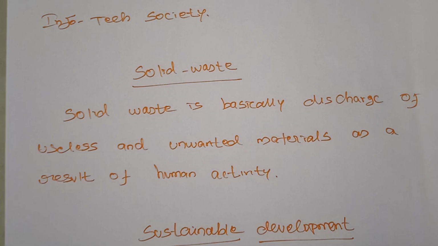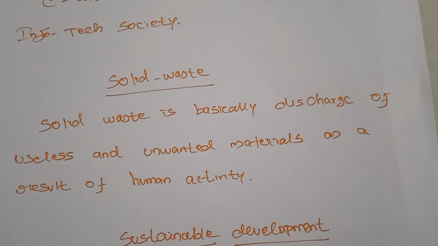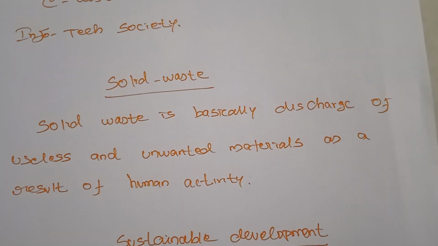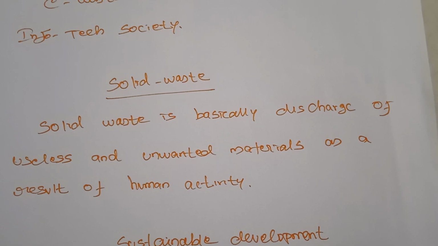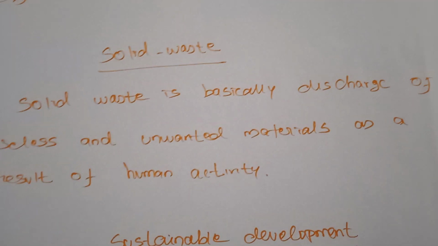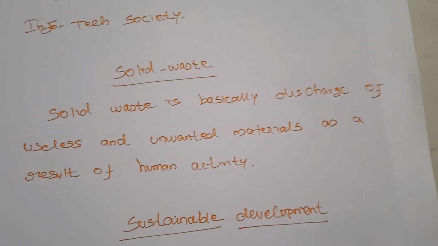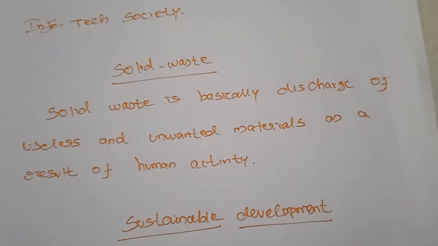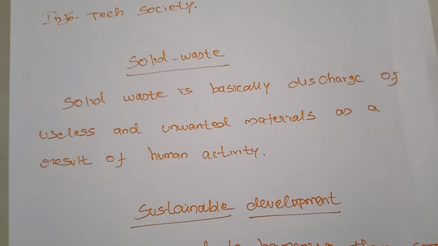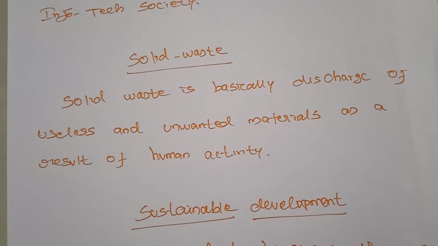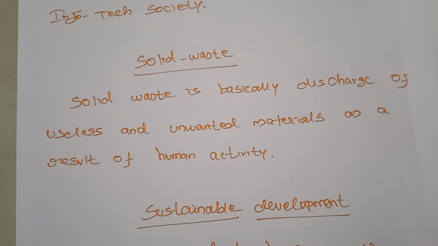Next, solid waste. Solid waste is basically the discharge of useless and unwanted materials as a result of human activity. Nowadays, humans also have one characteristic: they use all the items on a use-and-throw basis because of their increasing high purchasing power.